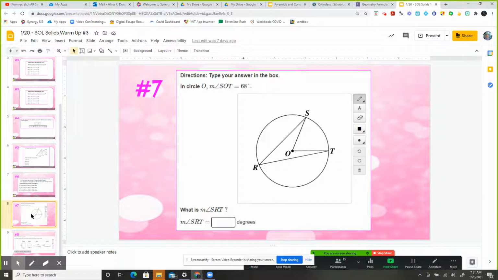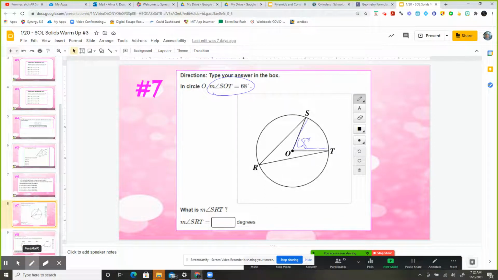All right, tell me what you know here. Which can I mark? SOT is 68 degrees. So is that the central angle or the inscribed angle? SOT from S to O to T is the inscribed angle.